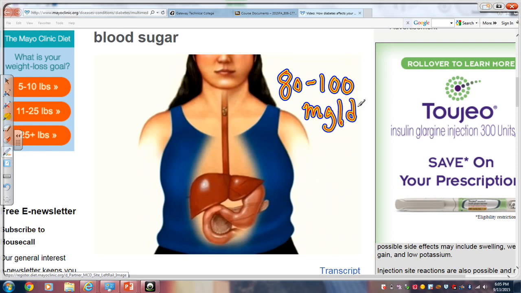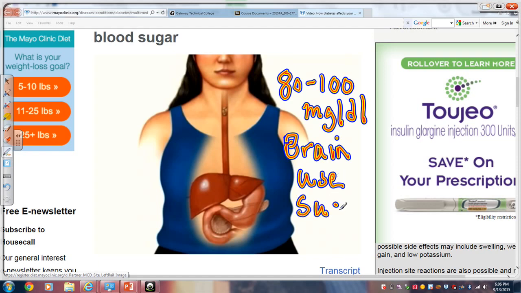That means there's about 80 to 100 milligrams of sugar, glucose, in your blood for 100 cc's of blood. And the reason that you want to maintain homeostasis with respect to your blood sugar is because the only fuel that the brain can use is sugar.